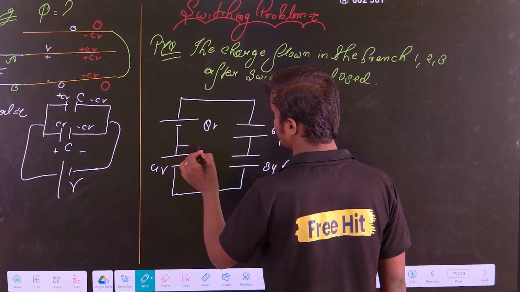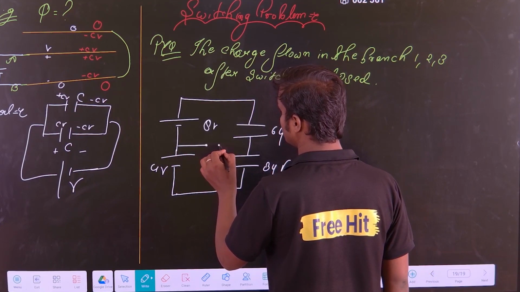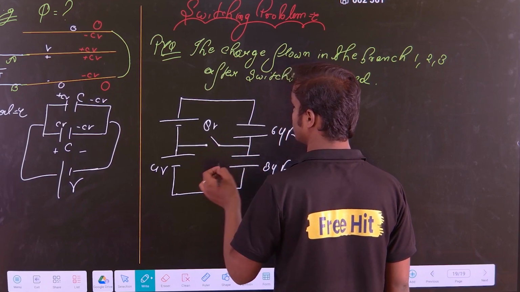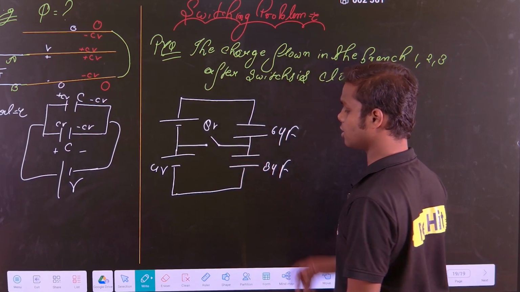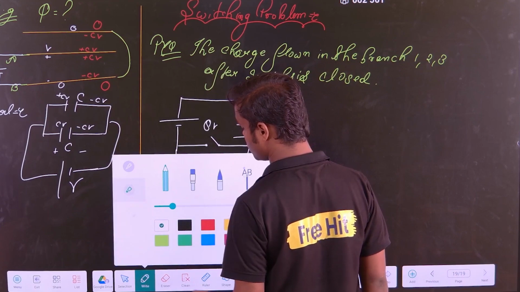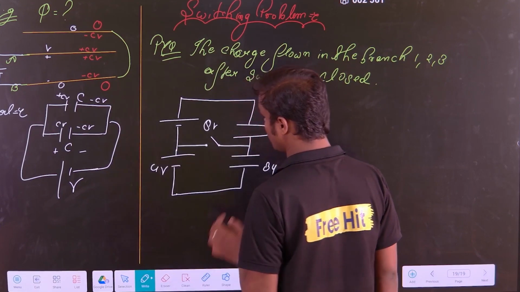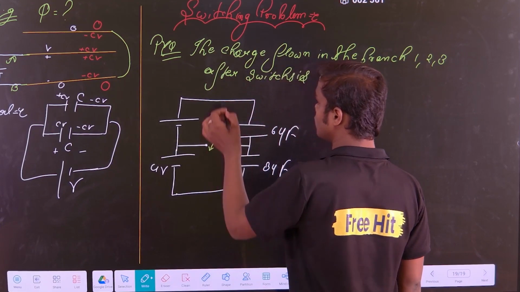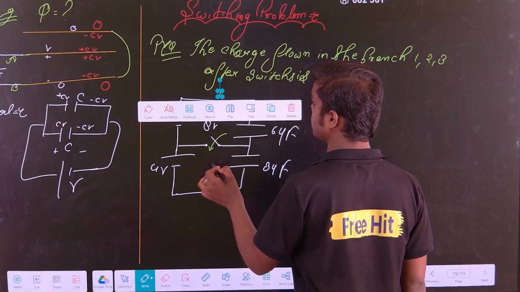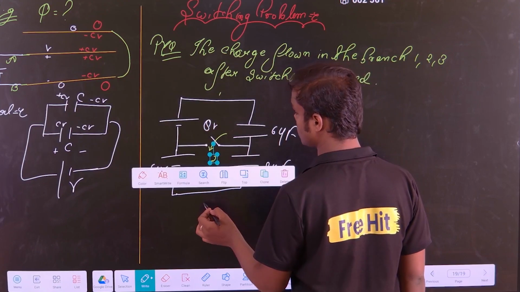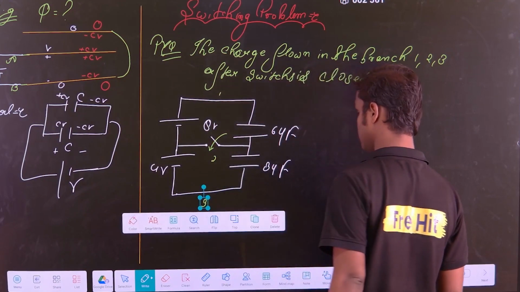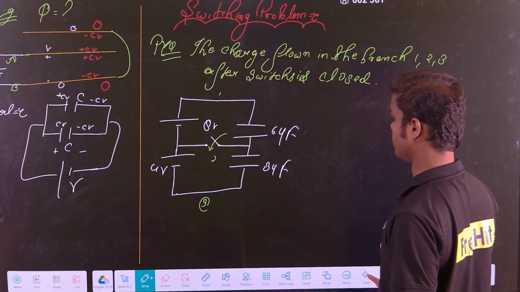This is the switch. This is the initial condition they have given, and then I am closing this switch. After closing the switch, what is the current in branch 1, branch 2 and branch 3? These are the three branches they have given.